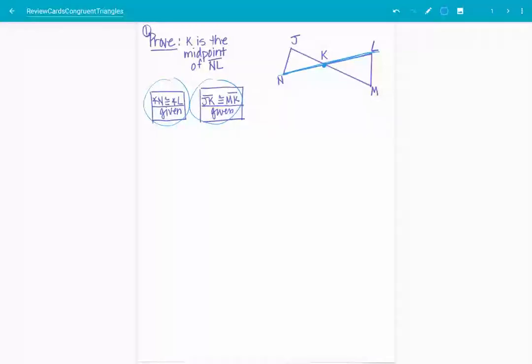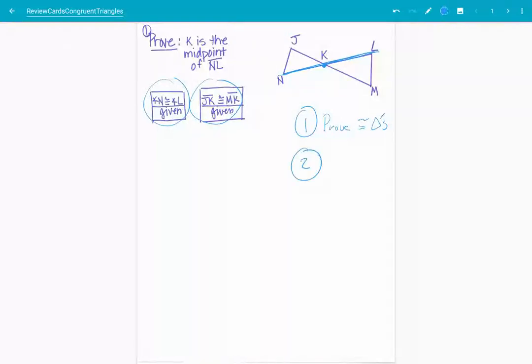The proofs on this test, there's three kinds. One is you just prove congruent triangles. So if that says prove triangle ABC is congruent to triangle DEF, then that's the easy kind. You just show me the parts, and that's it.